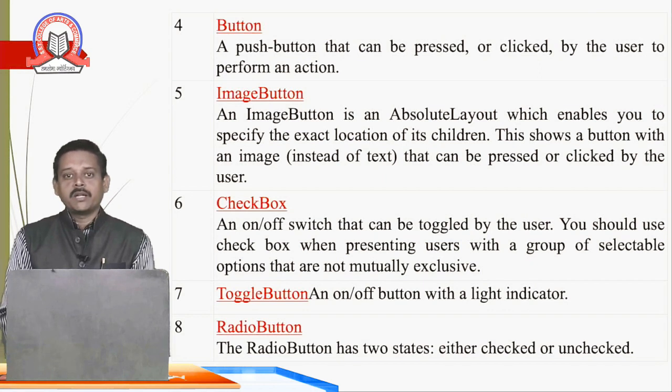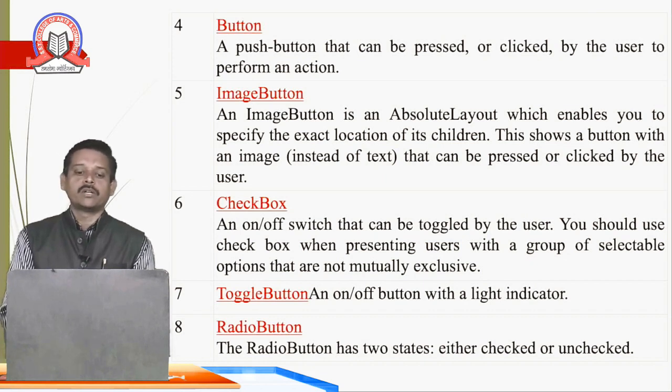Now image button is basically similar to the button, but the basic difference between both is that it contains an image instead of the text, or we can say it is a complete image rather than the normal button. An image button is an absolute layout which enables you to specify the exact location of its children, and it shows the button with an image.